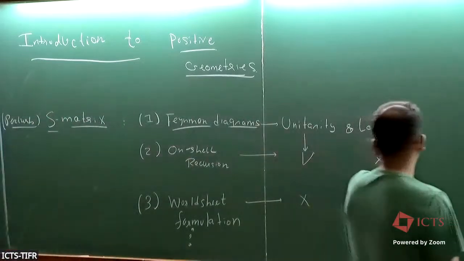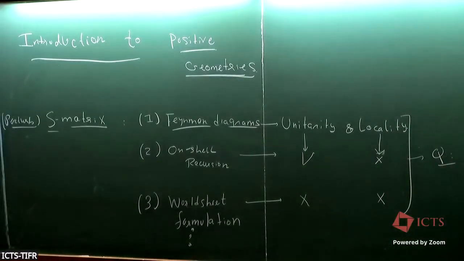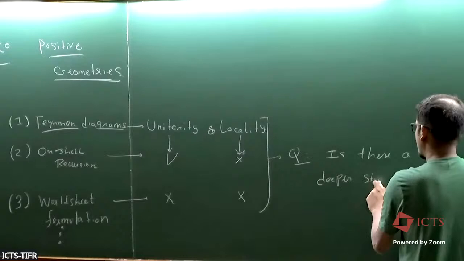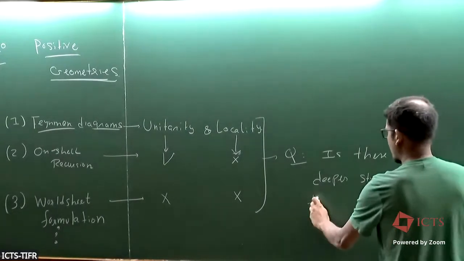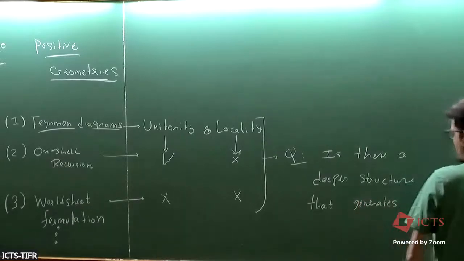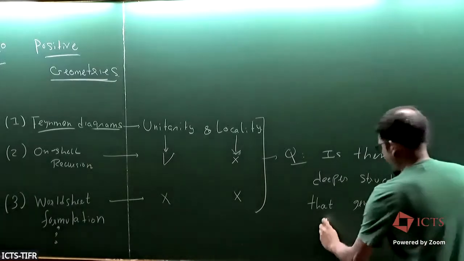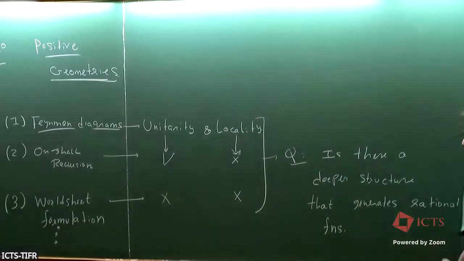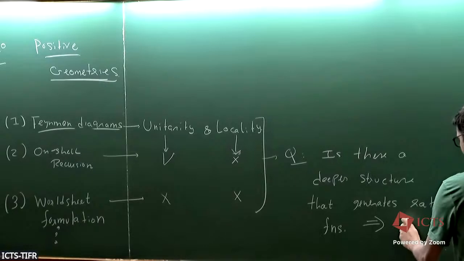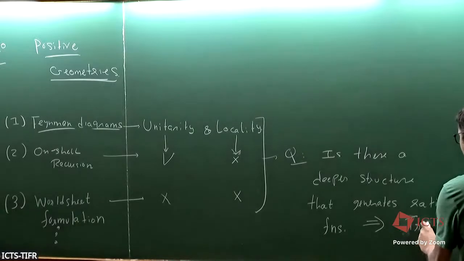So the basic question that arises from here is: is there a deeper structure that generates rational functions, for example, which precisely have the singularities of tree-level amplitudes or integrands?